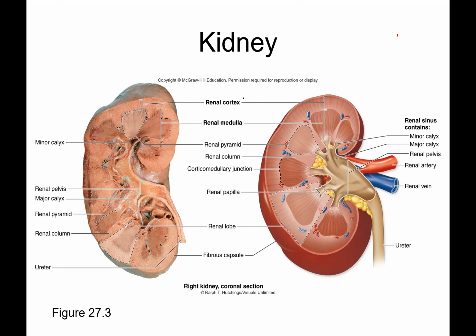All right, so cortex, medulla, then you have renal pyramids, because they're kind of shaped like a pyramid. Okay, so you have a bunch of renal pyramids. And then what separates the pyramids are the renal columns. Okay, so there's a column, there's a column.